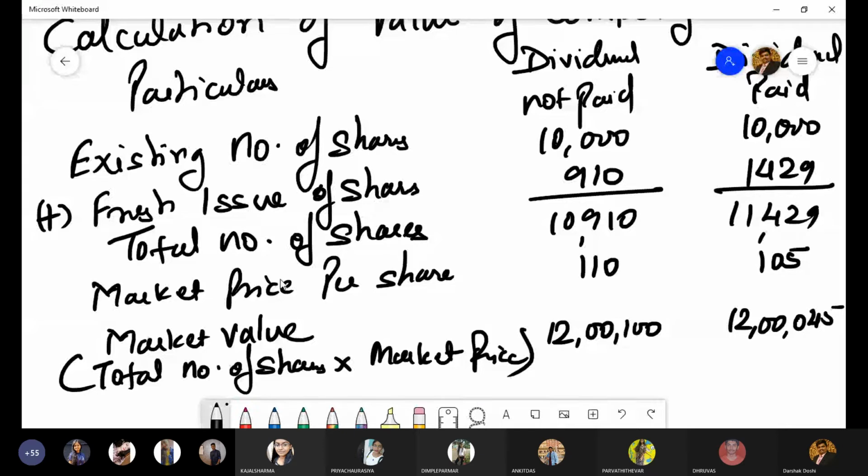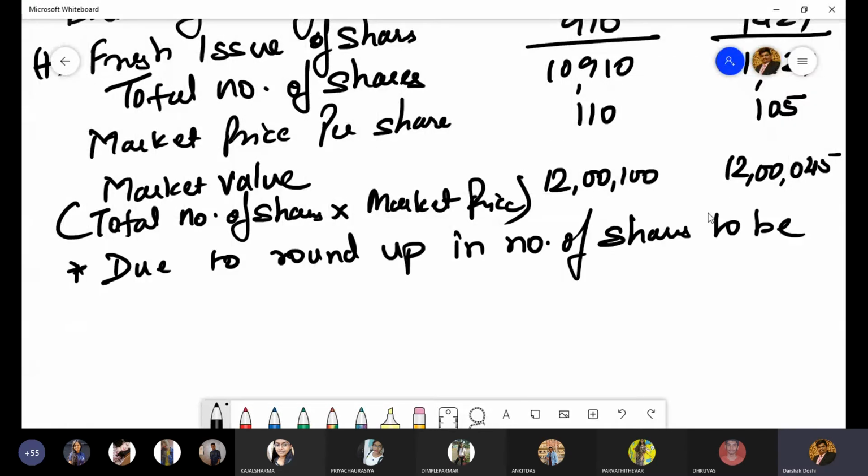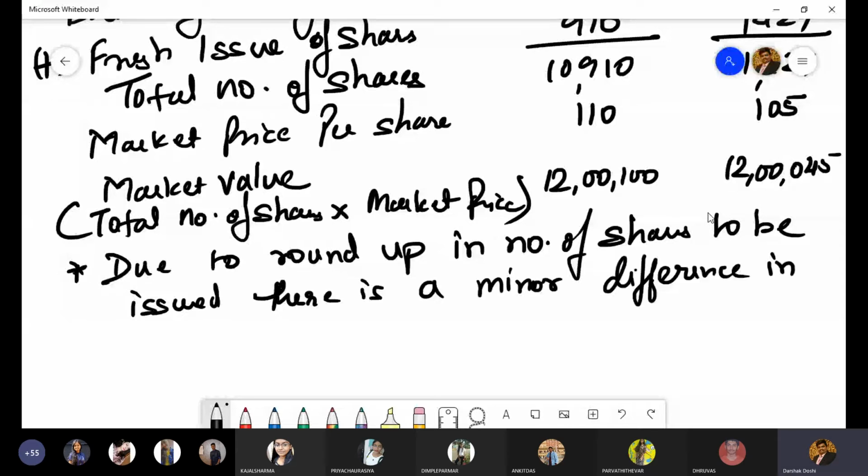So due to round up of shares to be issued, there is a minor difference in company value.